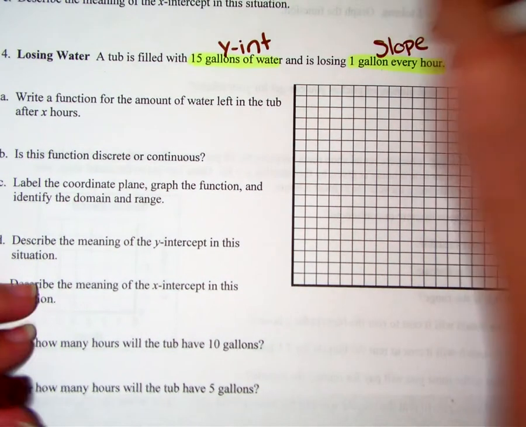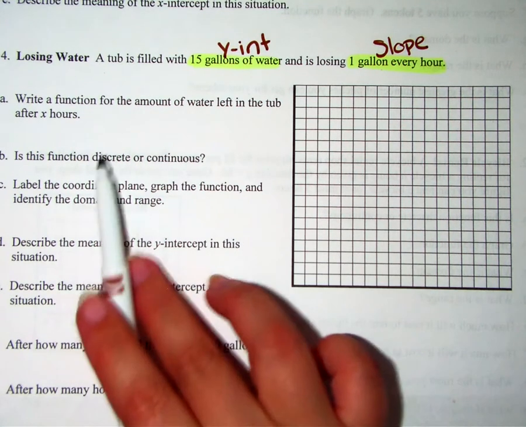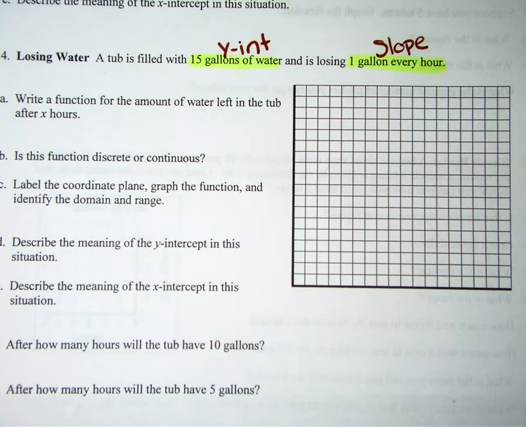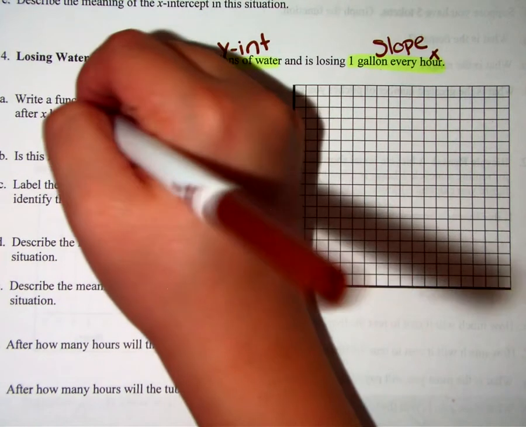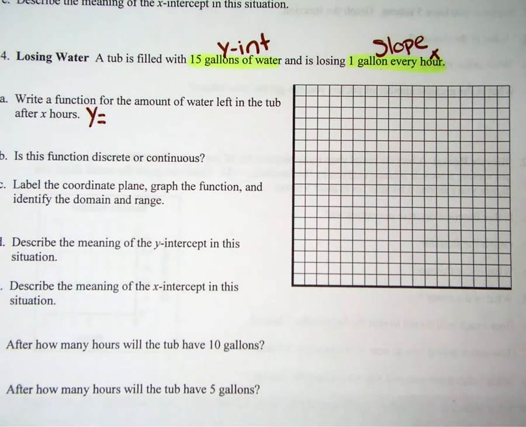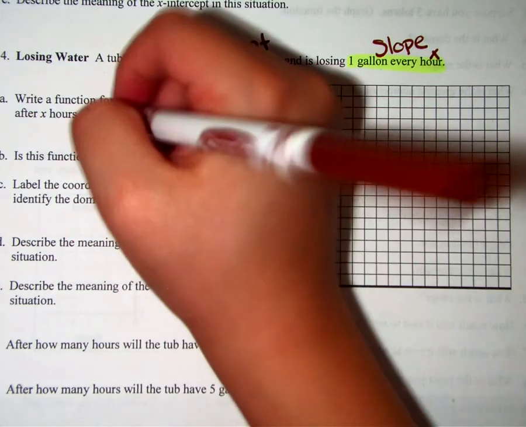So they want us to write a function for the amount of water left in the tub after x hours. So hours are now x. So how would that equation look? We would start with y equals how much water's in the tub already? So 15.